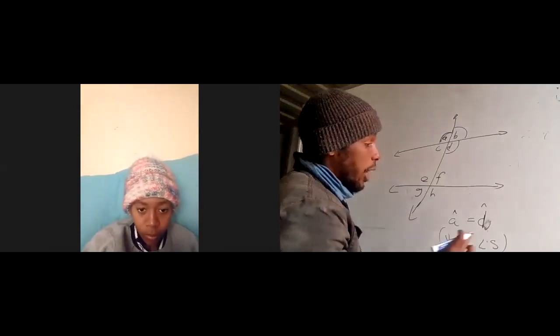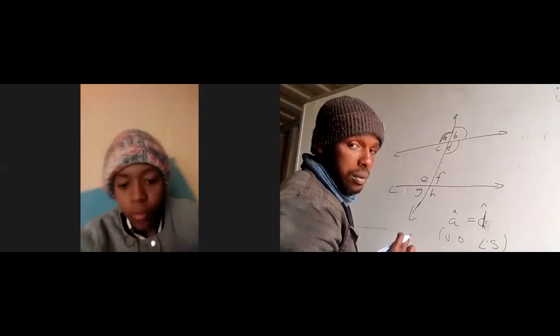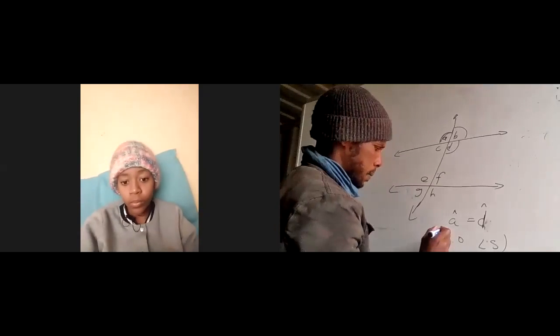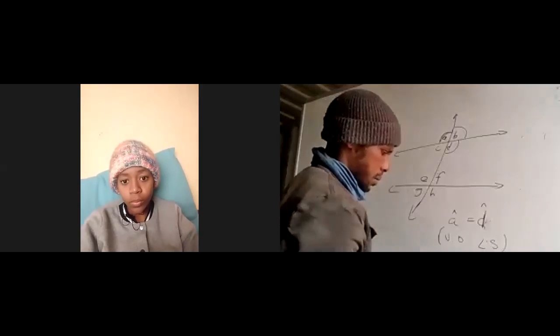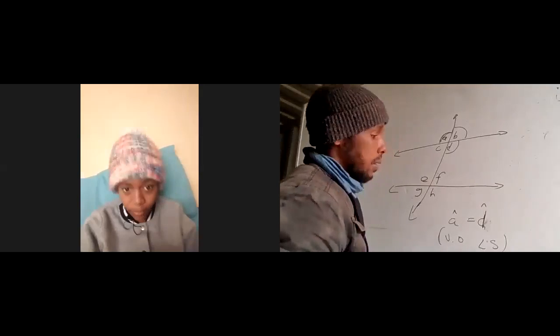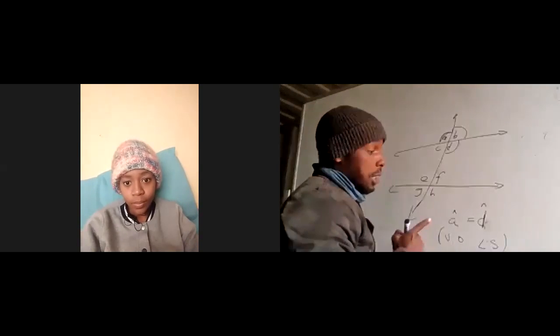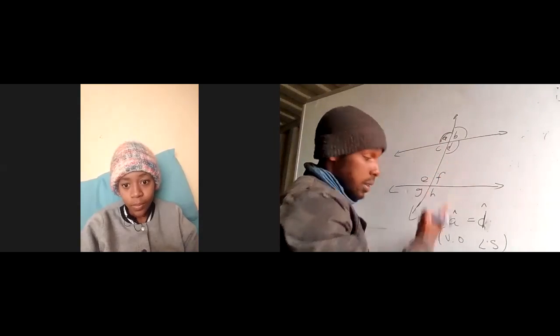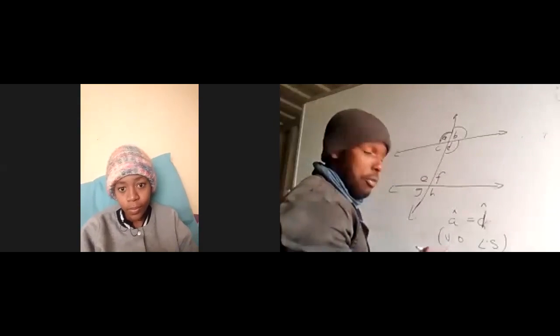So take note of these angles. Are you still here, my friend? Yes. Did you note these opposite angles, A and D? We call them vertically opposite angles.